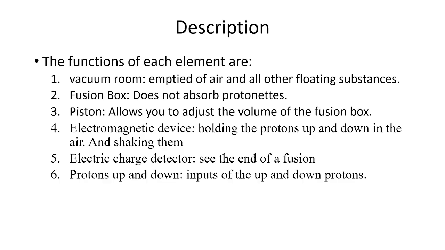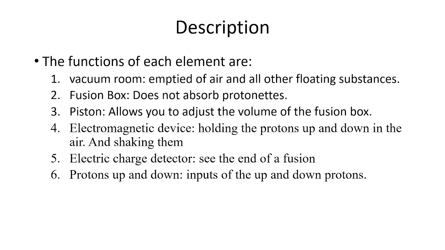Description. The functions of each element are: 1. Vacuum room, emptied of air and all other floating substances. 2. Fusion box, does not absorb protonate. 3. Piston, allows you to adjust the volume of the fusion box. 4.